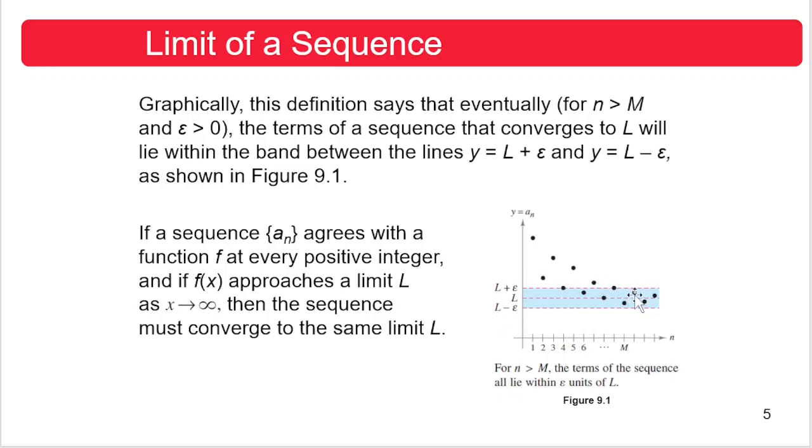If a sequence agrees with the function f at every positive integer, and if the function f of x approaches a limit L as x approaches positive infinity, then the sequence must converge to the same limit L.